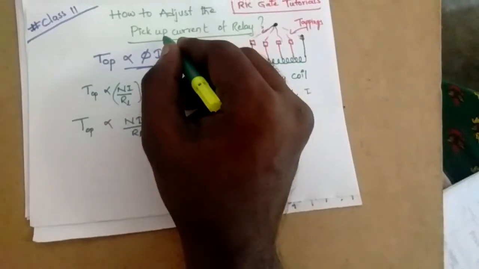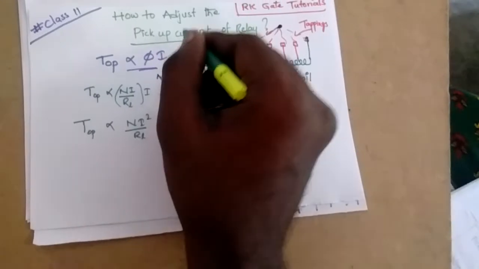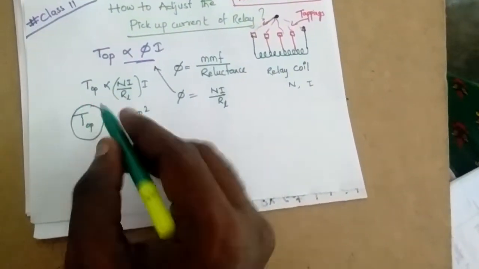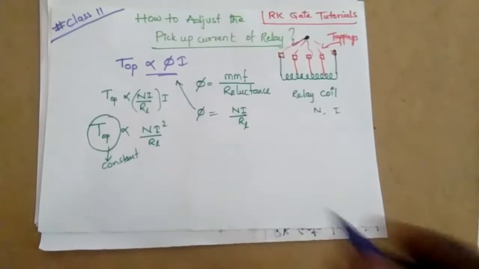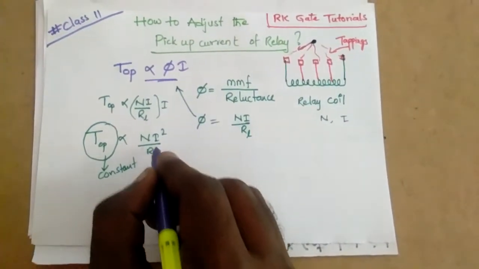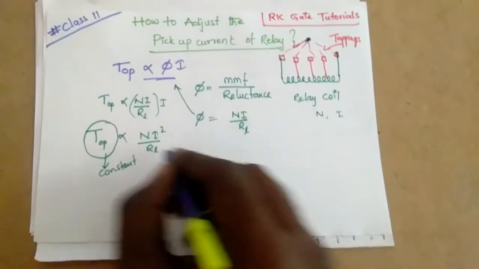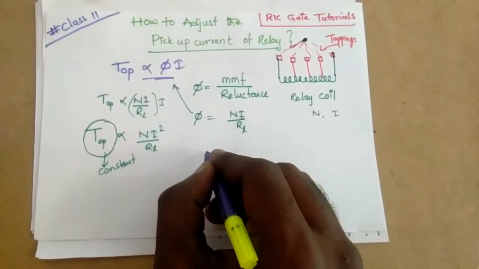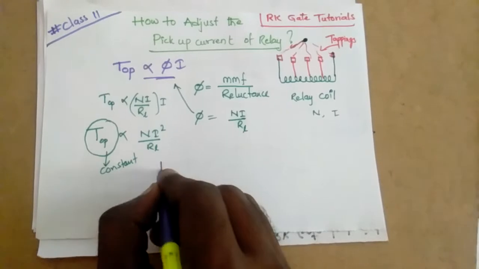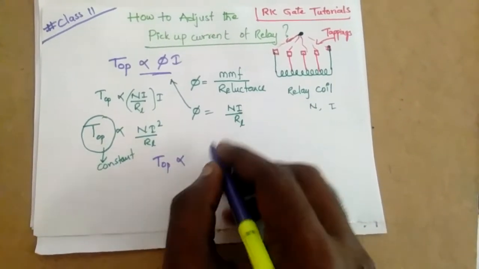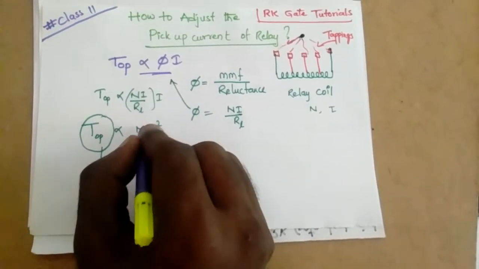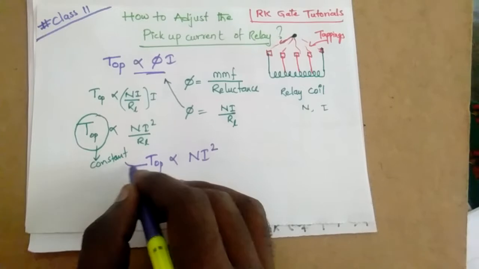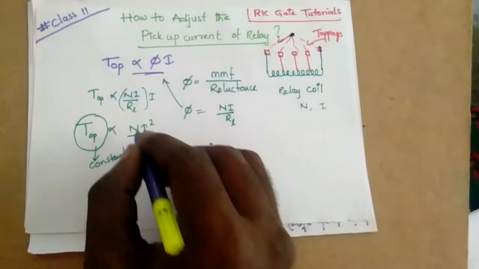Since we are trying to adjust the pickup current, for our analysis let us say this operating torque be constant. Let us take only the first part: operating torque is directly proportional to the square of the current multiplied by the number of turns.